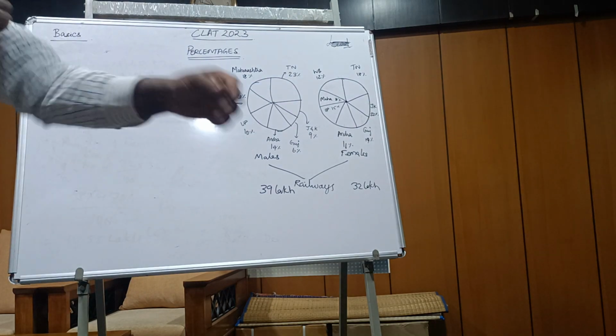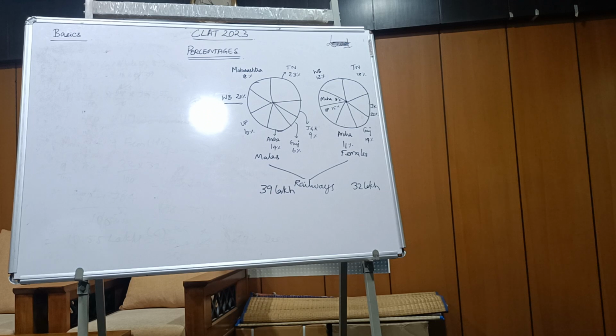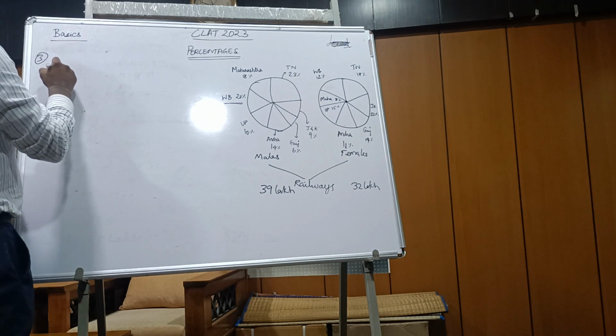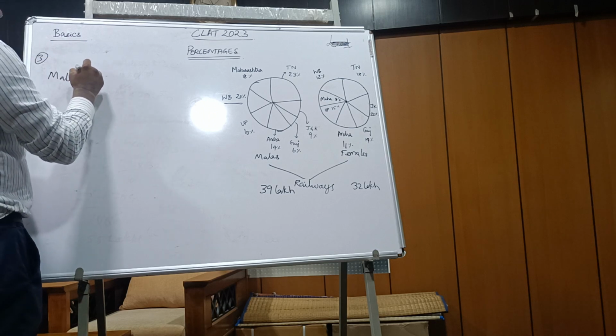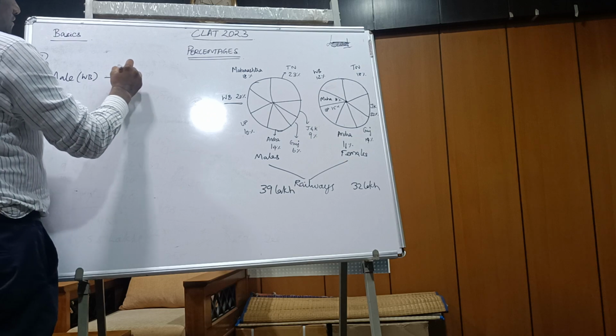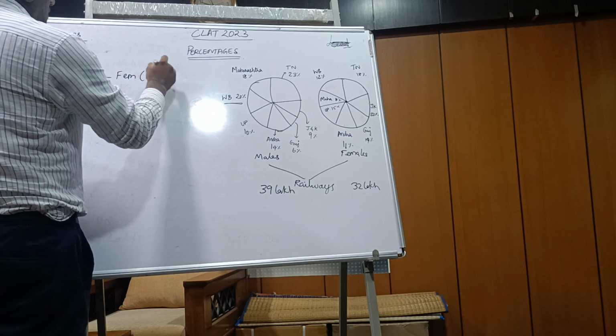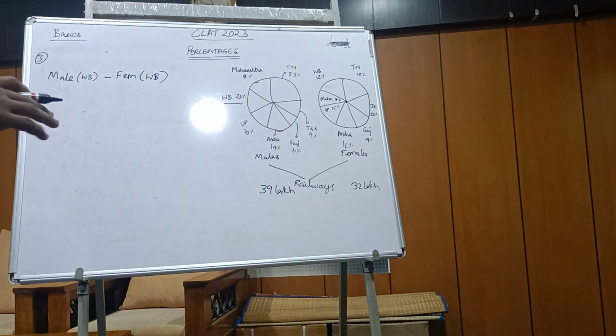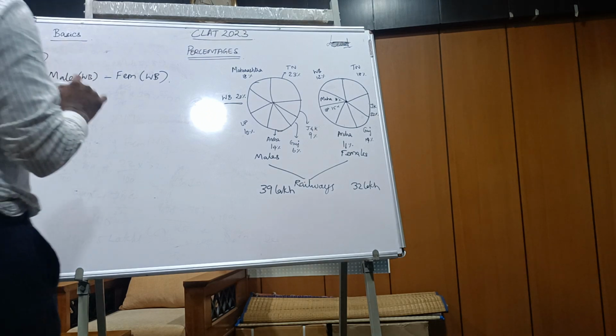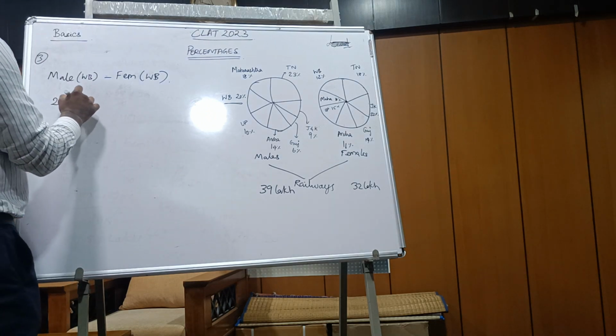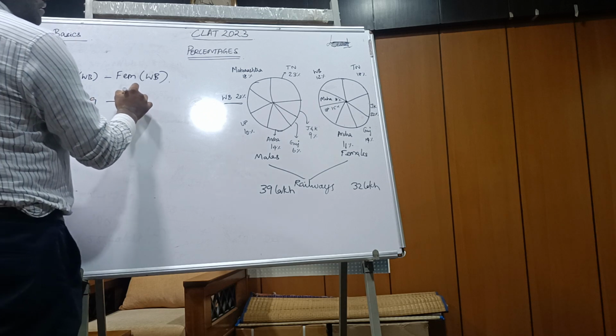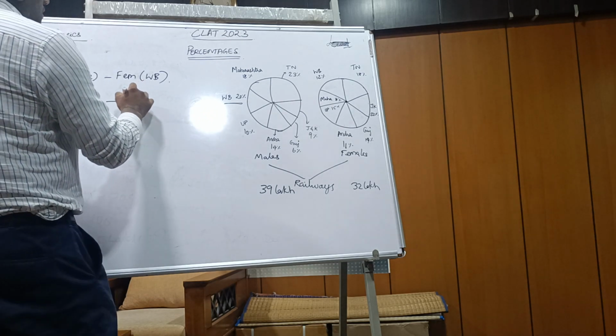The third question is, find the difference between the number of male employees and the number of female employees at Indian Railways from the state of West Bengal. So they are asking for male employees of West Bengal minus female employees of West Bengal. Same case as the last one, which was J&K, now it is West Bengal. So you take 20% of 39 minus 12% of 32.